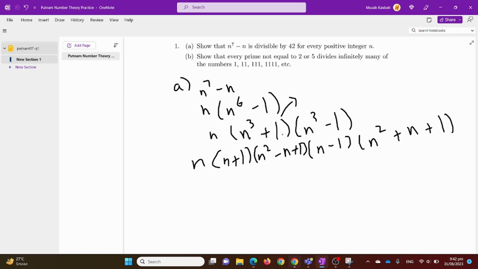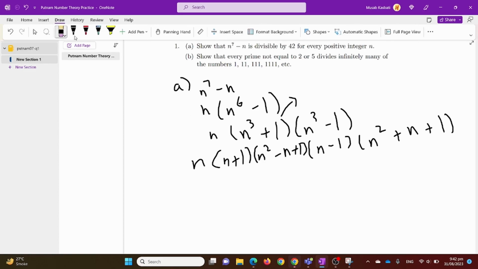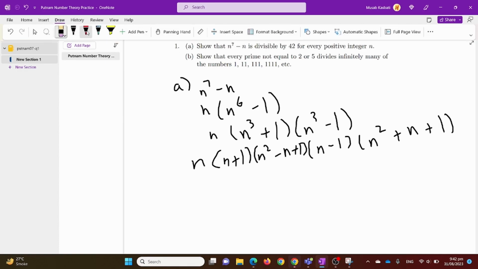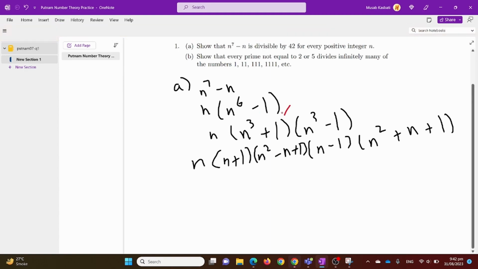Now you might say, what if I don't actually know the expansion? One thing you can determine is that n equals negative 1 is a root here, and positive 1 is a root here.